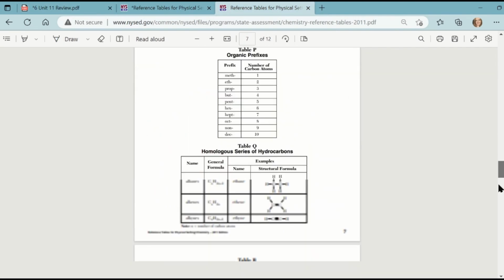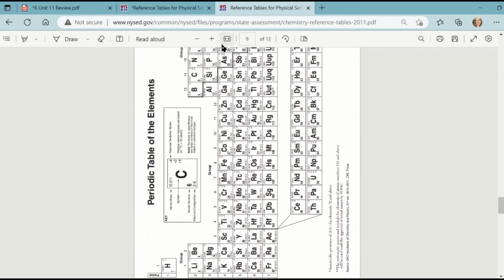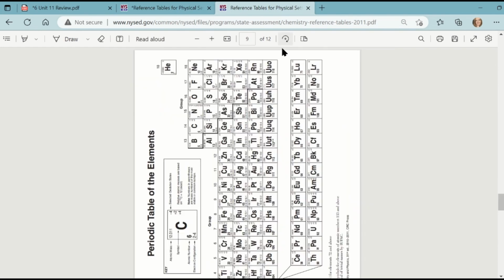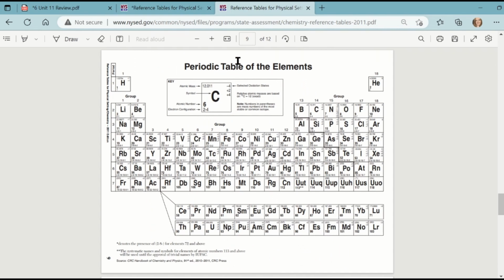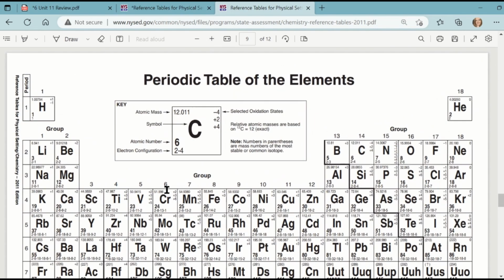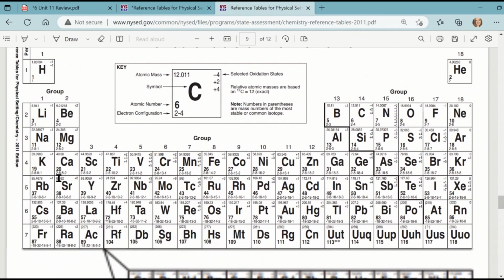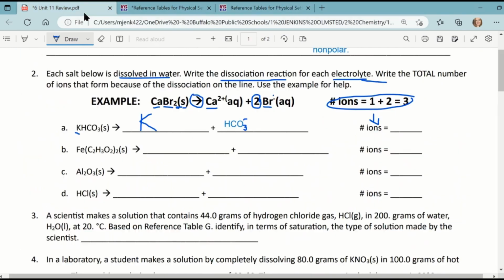Let's review. I'd have to go to the periodic table. Let's just rotate, oops. Rotated too many times. All right, rotate, let's zoom in. And here is K over here. And you see its charge +1. So let's go back here, so that's plus.